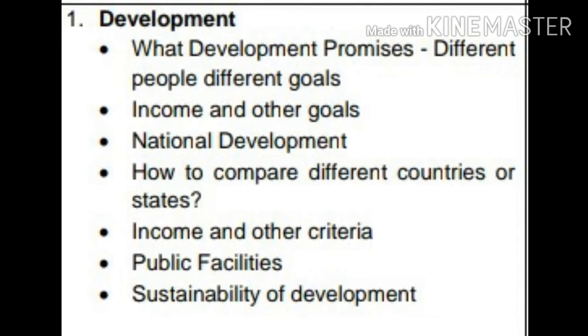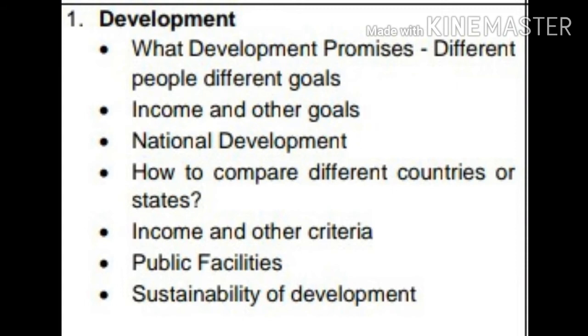If we look at the point of what development promises, different people, different goals: development is seen from different perspectives. Different people have different development goals. If we ask some boys and some girls about their goals, we find out that every person's goals are different.